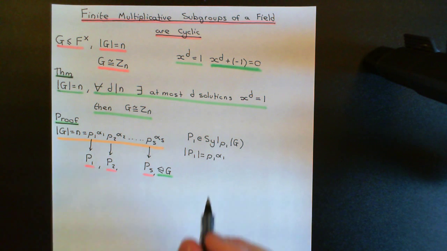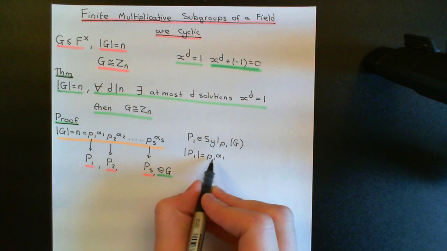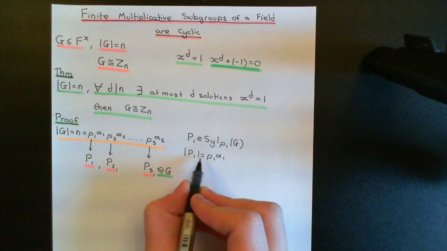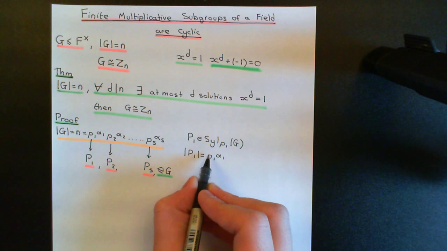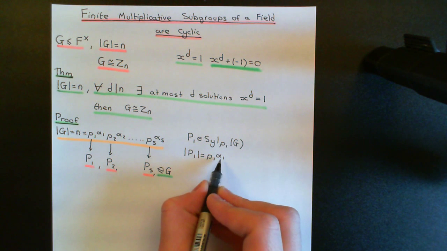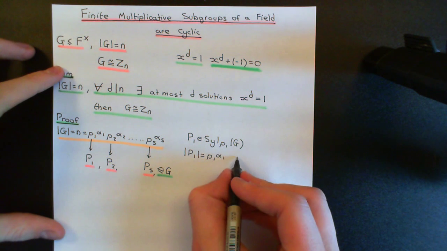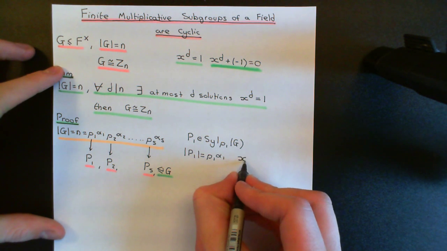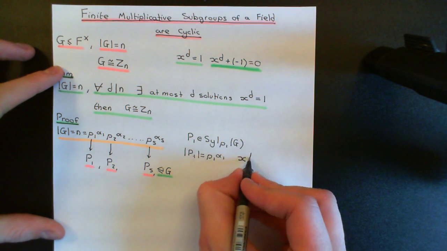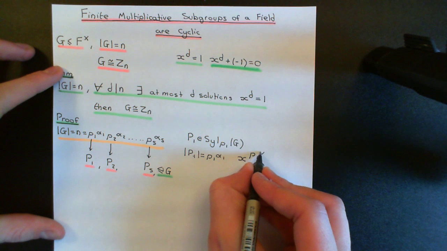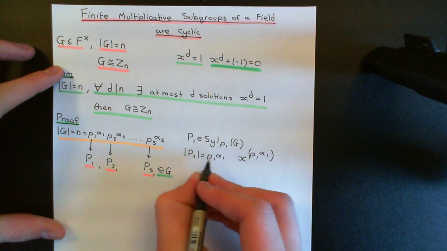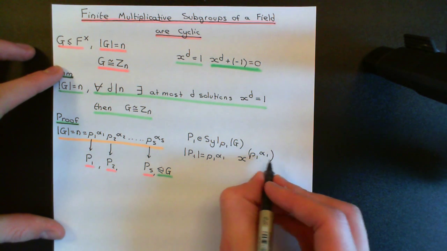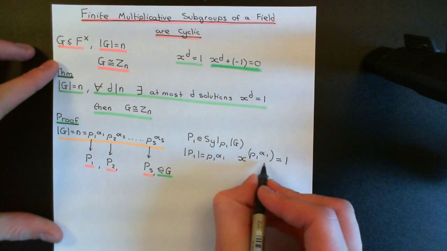So what that means is that every element has an order which, if I raise it to a higher power, is going to become p1 to the power of alpha 1. What I'm trying to say is that if you take any element of this subgroup and raise it to the power of p1 to the power of alpha 1, you will always get the identity back again.